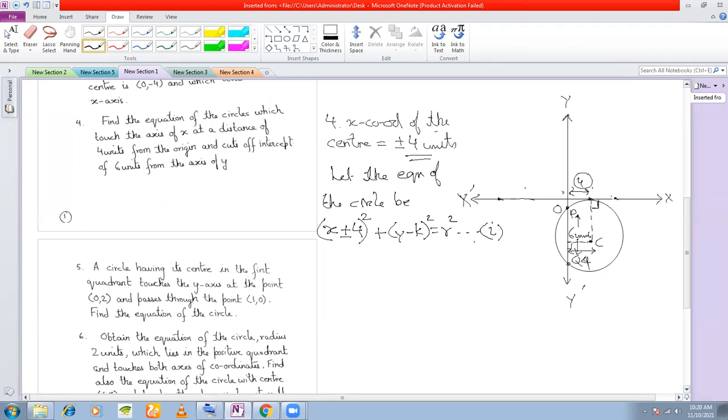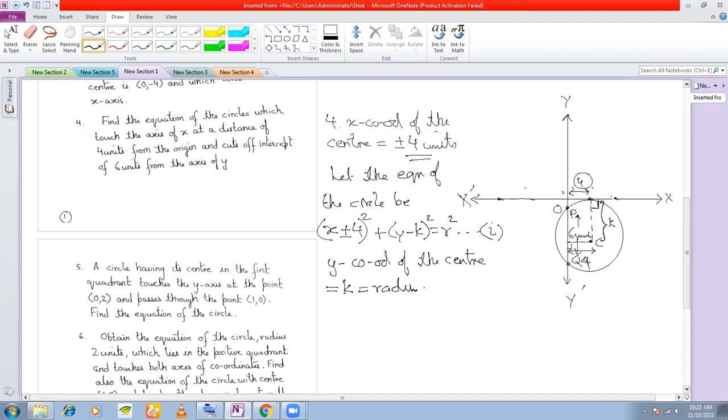Now what can you say about the y coordinate of the center? If I have taken the y coordinate of the center as k, then this k must be equal to the radius, because if you see, this is k, right?